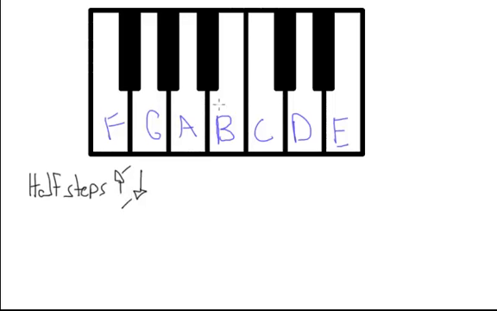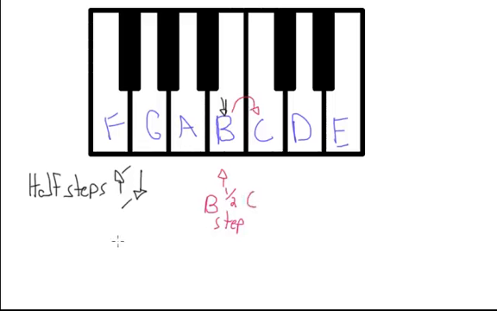Let's take this B for example. We started at B, and we went up a half step, which is the very next note. We would be at C right here.